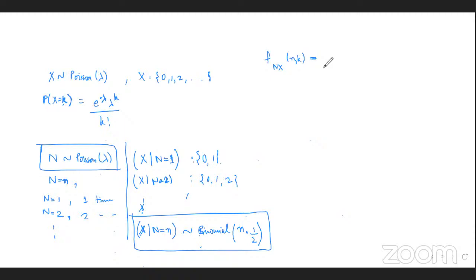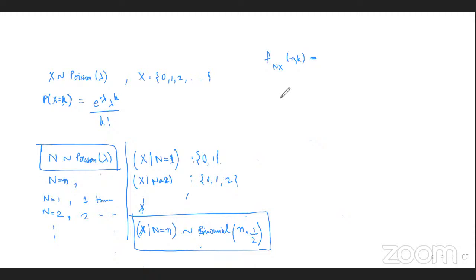Sorry, f of x given n equal to 1. What I'm trying to say is first we find the PMF for n equal to 1, then find the PMF for n equal to 2, and go on.